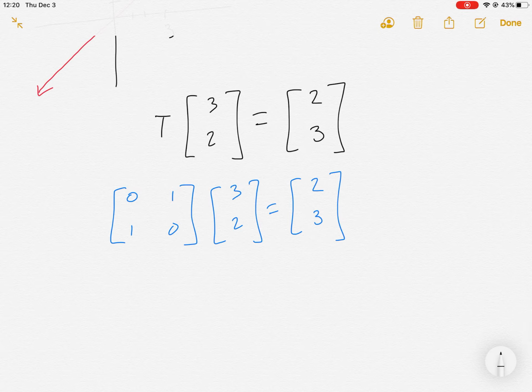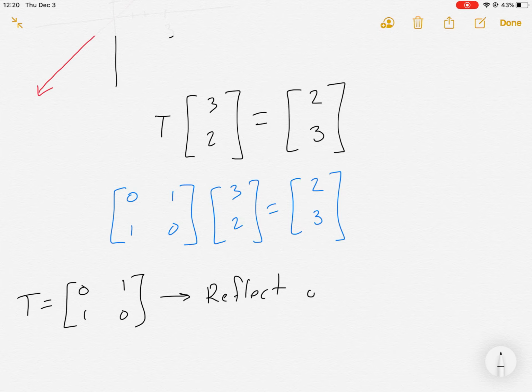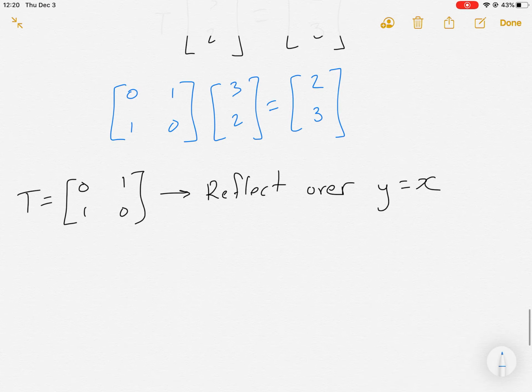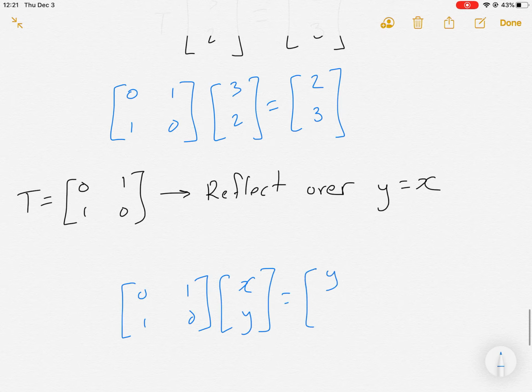So what we're doing here is we're taking the transformation matrix 0, 1, 1, 0, and this would be a reflection over the line y equals x. And you could see that that would hold for any general situation. If you did 0, 1, 1, 0 times any point, which I'll just call xy, if you did that, you would end up with the point yx.